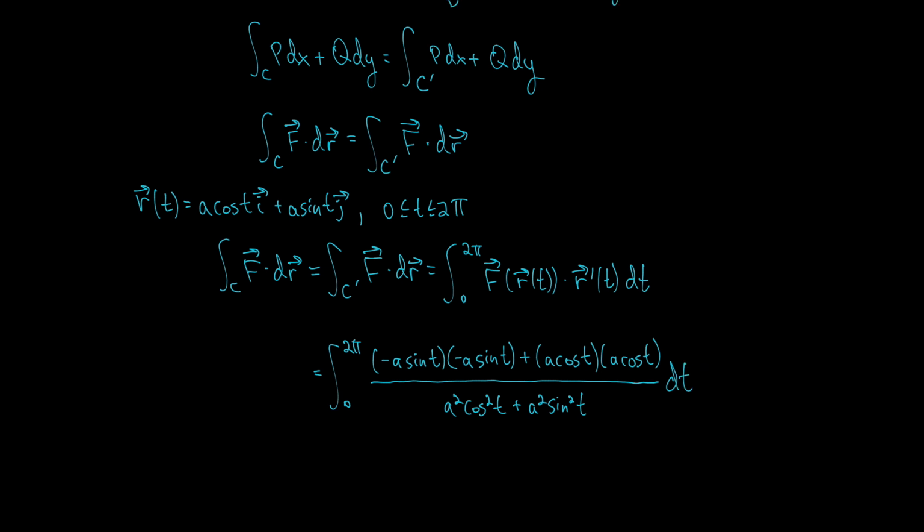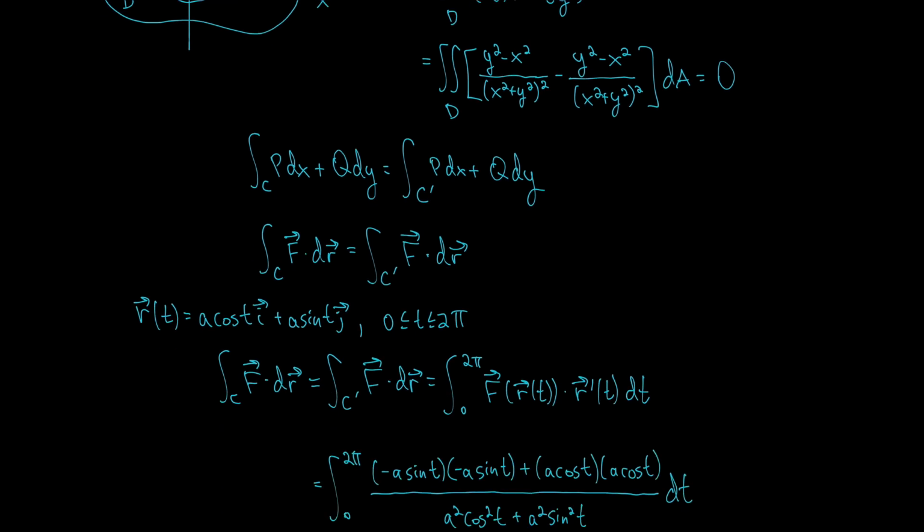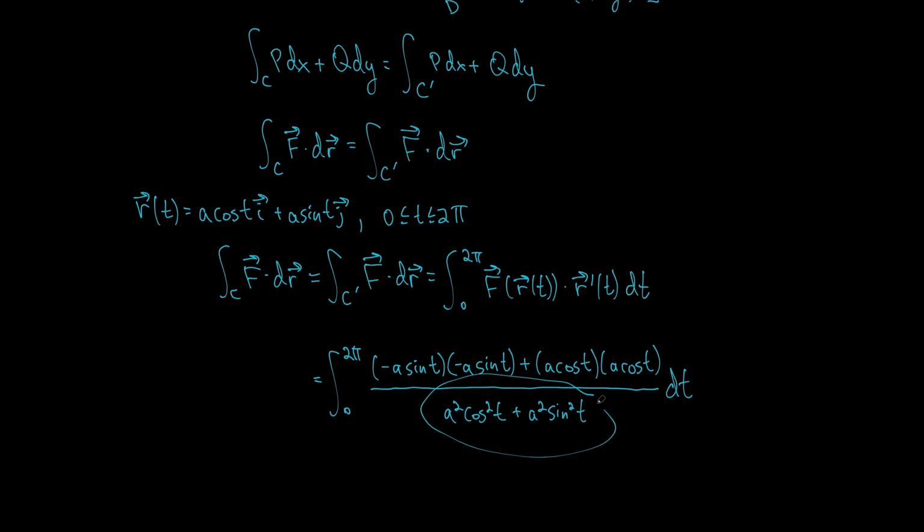Notice all I've done here is return to the F they gave us. So minus y is minus a sine t, plus x is plus a cosine t, x squared plus y squared is how we get our denominator over here, a squared cosine squared plus a squared sine squared, and we dot it with minus a sine t and a cosine t.